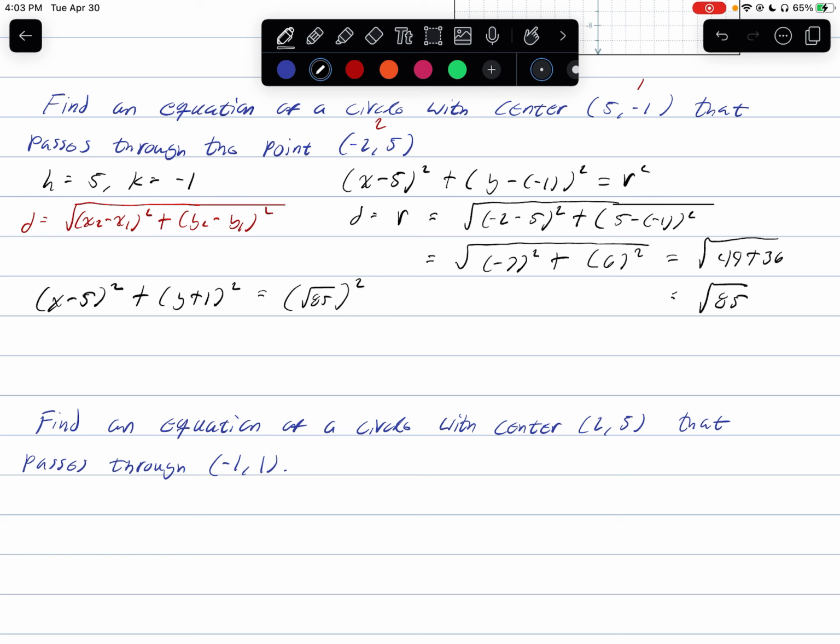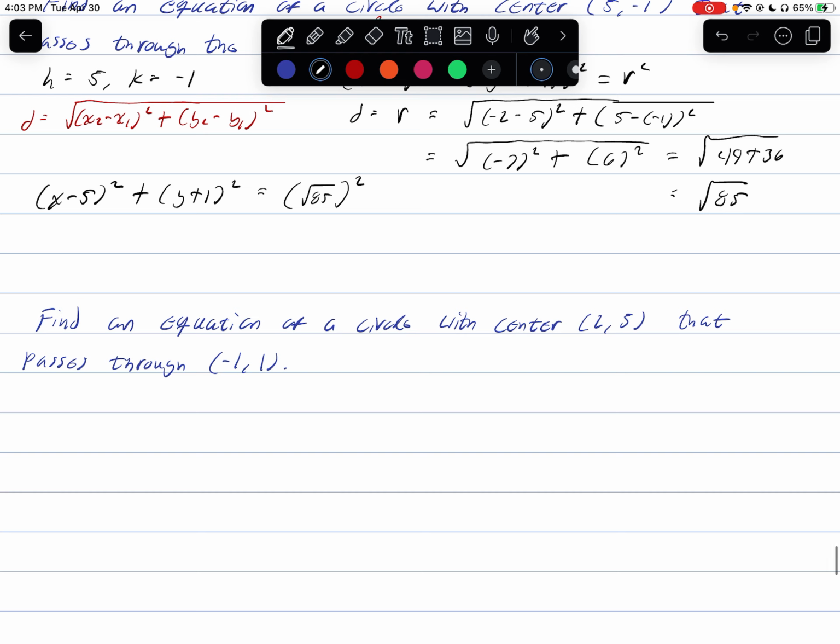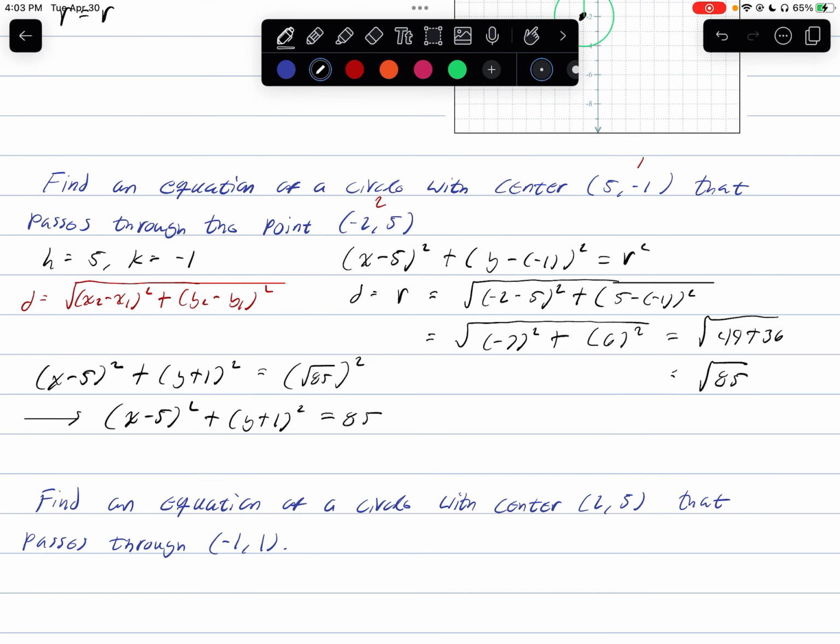But if you square the square root of a number, it just undoes the square root. So as our final equation, we get x minus 5 squared plus y plus 1 squared is equal to 85. So this is the equation for our circle that has a center of 5, negative 1, and which passes through the point negative 2, 5.